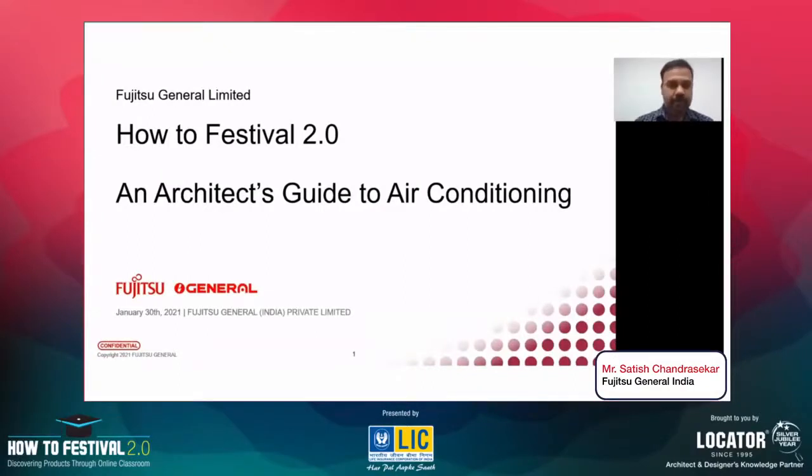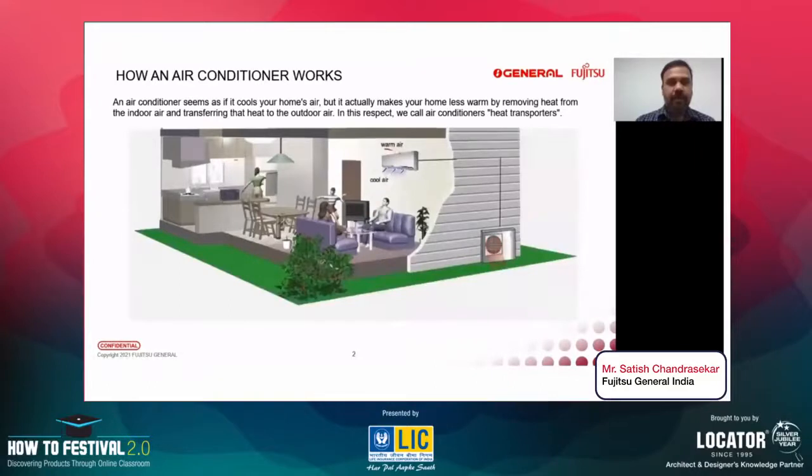So let me start off with how an air conditioner works. We all know air conditioning, from a layman's perspective, cools the room. But actually, it makes your room less warm by removing heat from the indoor air and transferring the heat to the outdoor air.